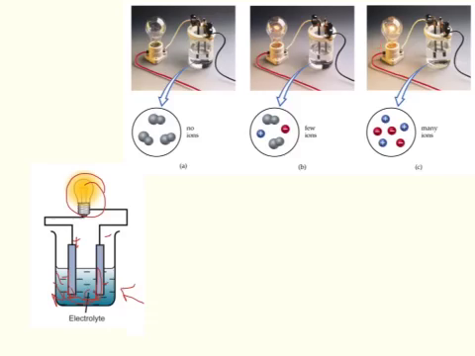So what's the difference between a non-electrolyte, something that doesn't form any ions in solution, versus a weak electrolyte versus a strong electrolyte? In the first place, let's talk about a non-electrolyte. Well, we said you have to have ions in solution to form an electrolytic solution.